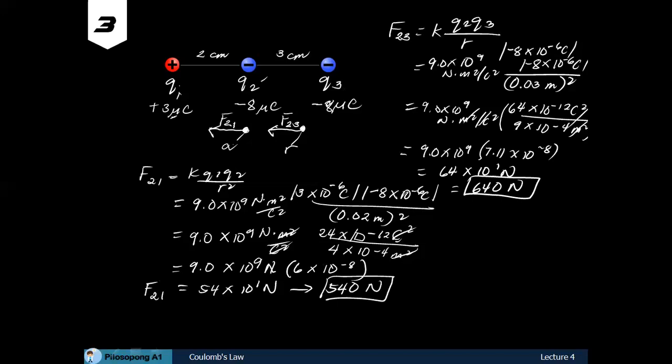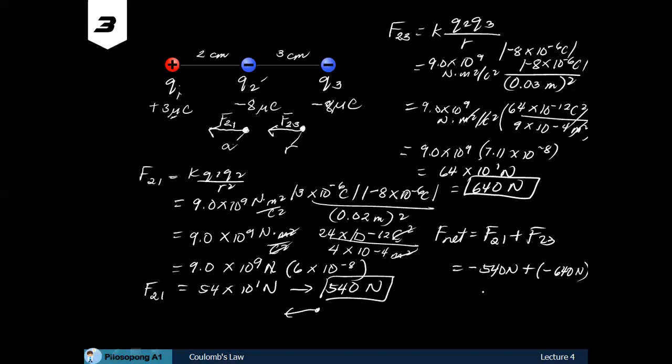So if we compute the net force, F net is equal to F21 plus F23. So since this one is going to the left, we get a value of 540 newtons plus 640. So it makes Q2 also move to the left by its repulsive force. So we have negative 640 newtons.